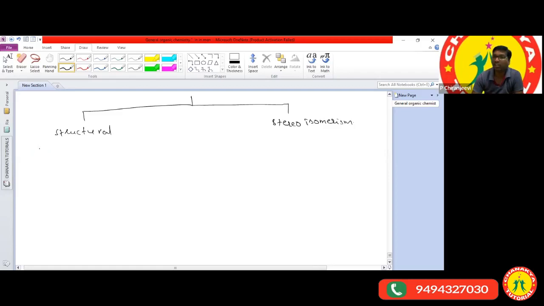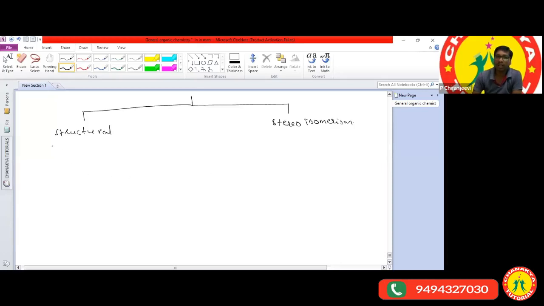That is called structural isomerism. Did all of you get the clarity?